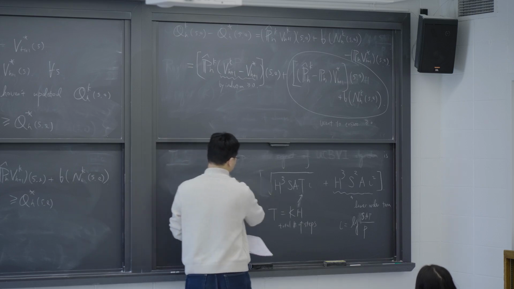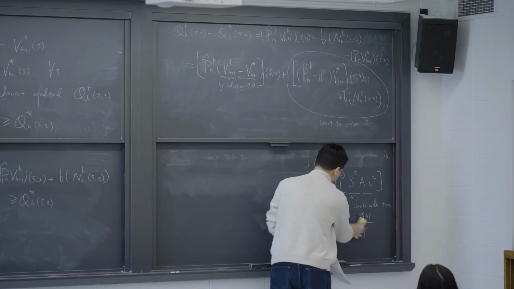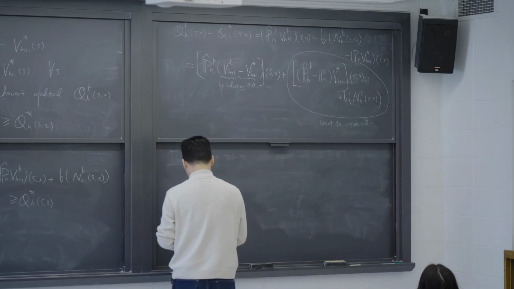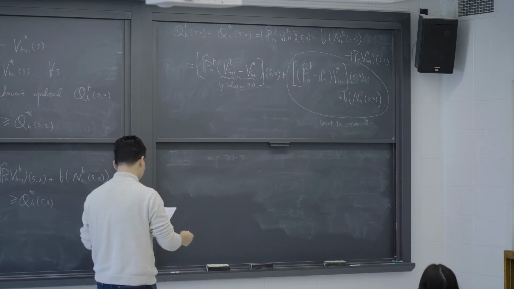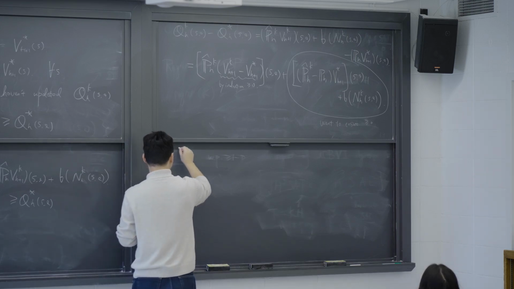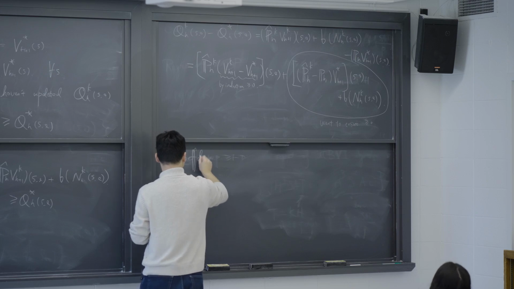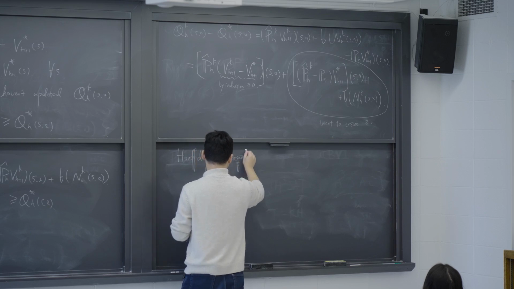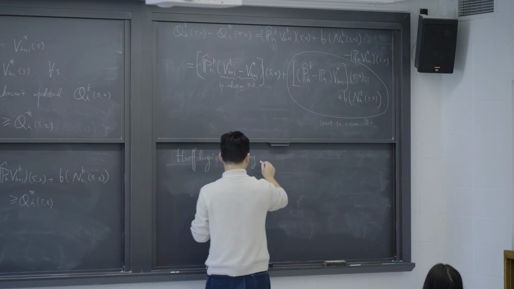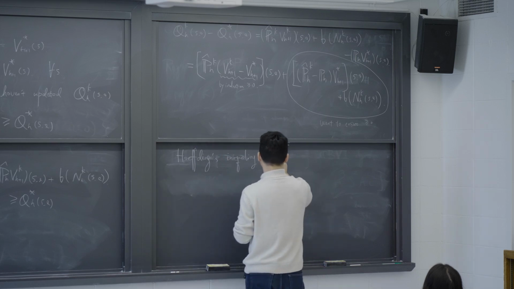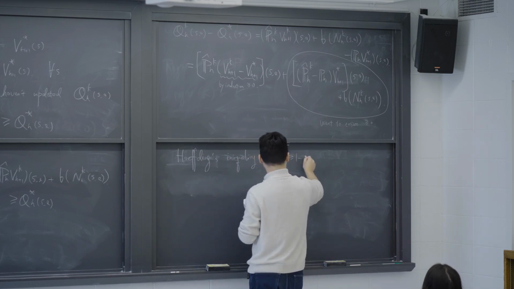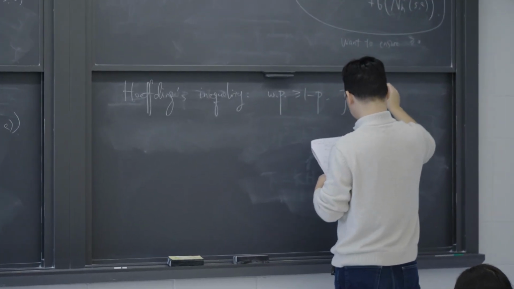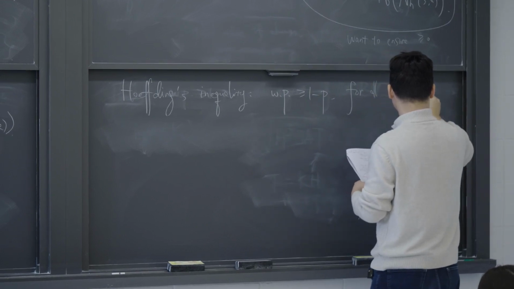And eventually we can say, as long as we use some Hoeffding bound to do this, more specifically, Hoeffding's inequality guarantees with probability at least 1 minus p, for all k, h, s, a.